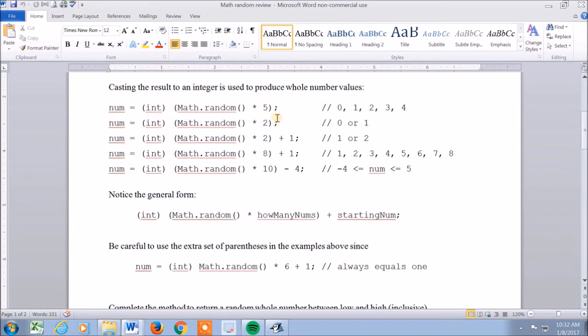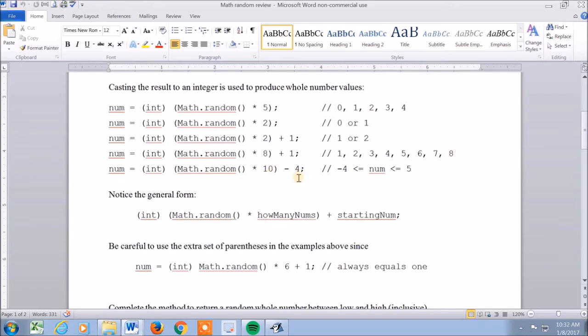If I don't want to start at 0, which typically you don't, you'll have to add something at the end. So here I'm multiplying by 2. This means I get 2 different random numbers, but I'm adding 1, so I'm going to start at 1. Here I'm multiplying by 8, so I'm going to end up with 8 different random numbers. Again, I'm adding 1, so I'm going to start at 1. Here I'm going to multiply by 10, so that gives me 10 possible random numbers.